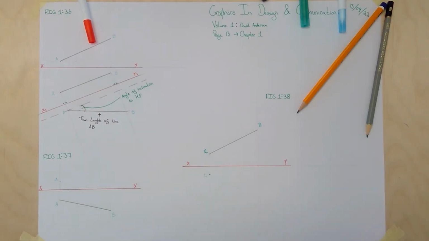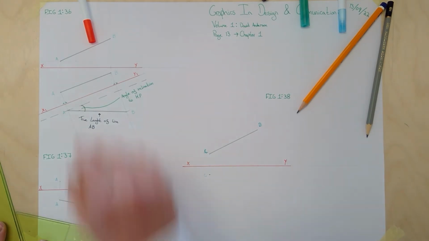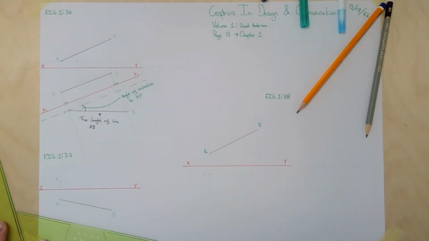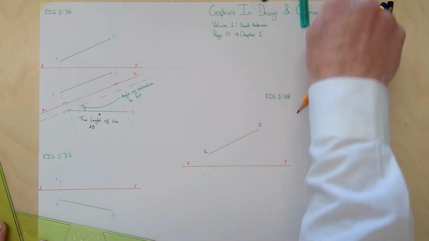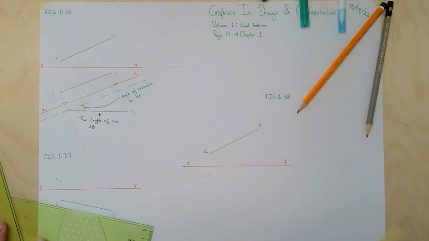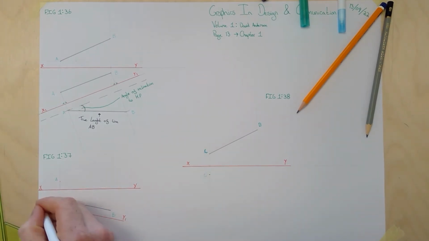First things first, I'm going to set up x1, y1 parallel with AB in plan. I'm going to keep it close because I didn't give myself too much room.